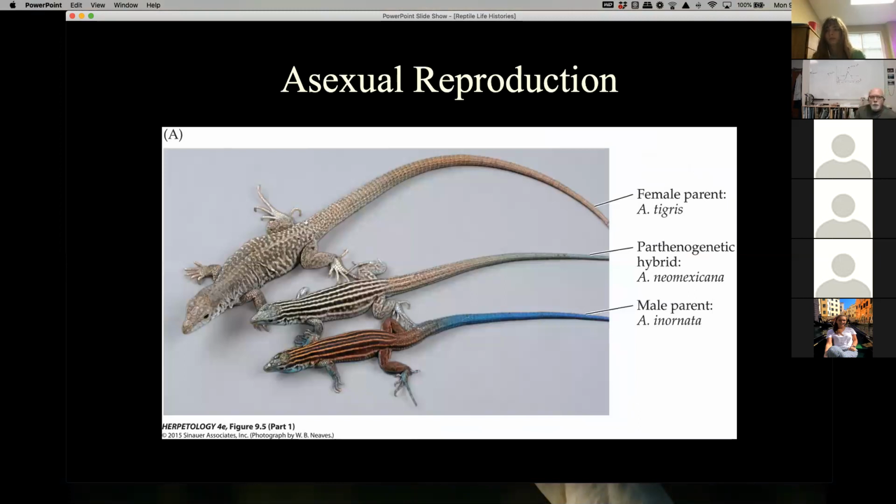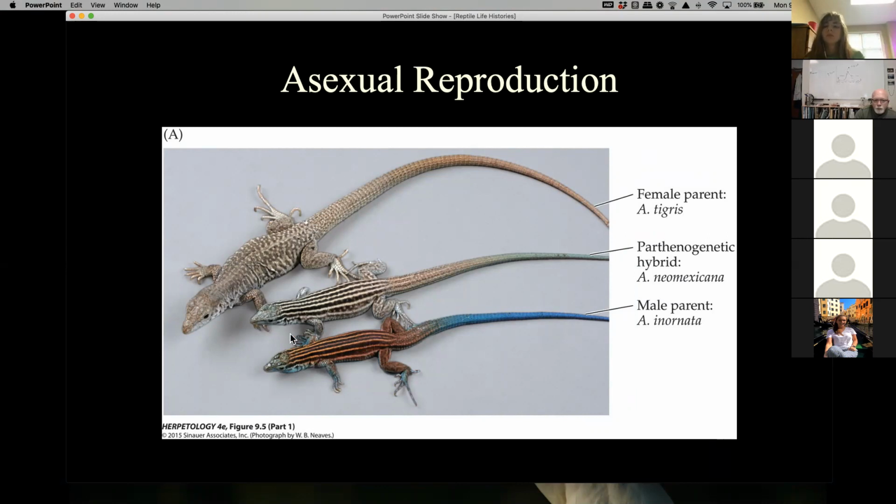And then we come to asexual reproduction. And we've talked about this a little bit in the past also. This is especially prominent in the family Teiidae, the race runners. And once again, we see that this is one example where we have hybridization going on between Aspidoscelis tigris and Aspidoscelis inornata.